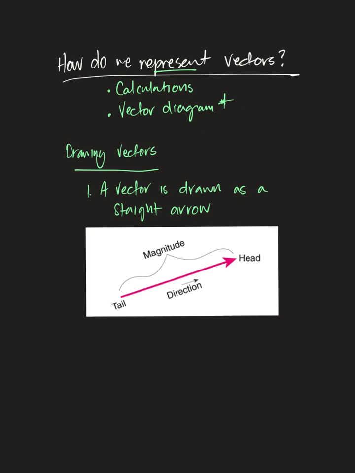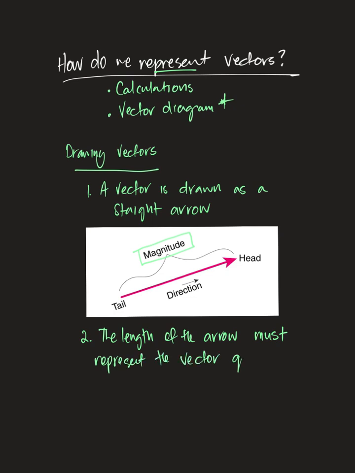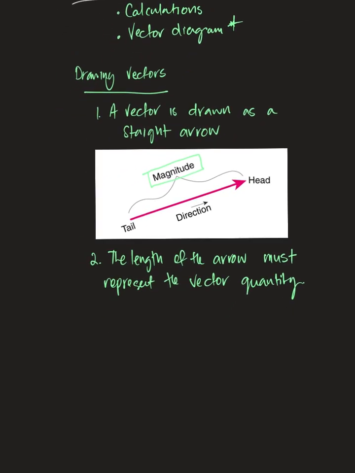Right, the first thing, if you have a look here, it says magnitude. That means that if I have an arrow, the length of the arrow must represent the vector quantity. So what we mean by that is, let's say I had a force of 12 newtons and they said to draw a vector.